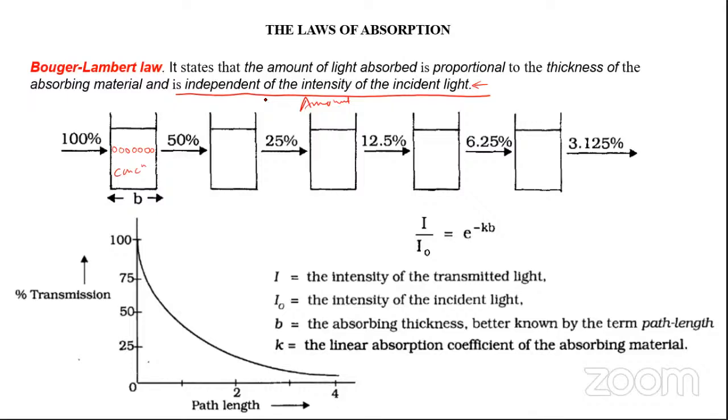Is it the same with everyone? So the amount of light absorbed depends upon the concentration, right? And why does it so depend upon concentration, by the way, Alia?